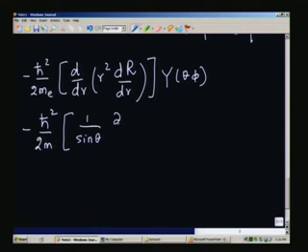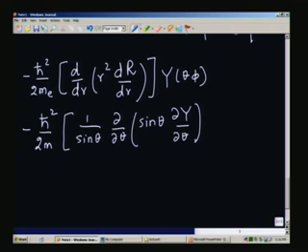Okay. Now this is a ∂/∂θ. Since the function Y is a function of both theta and phi, we will write this as a partial derivative ∂Y/∂θ, meaning that the phi part will be kept constant. And of course this will be multiplied by the radial part.